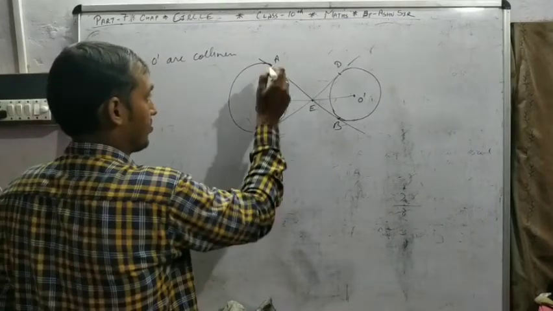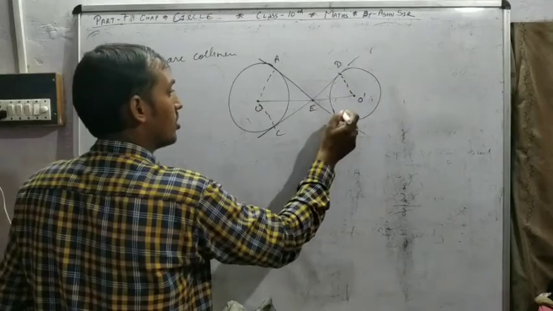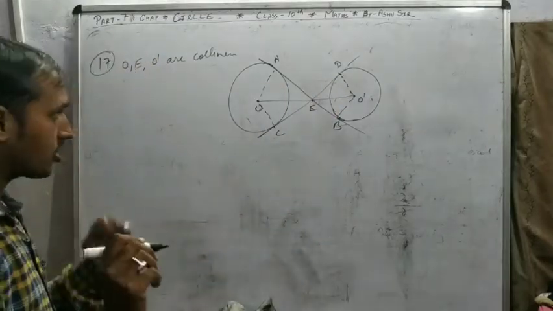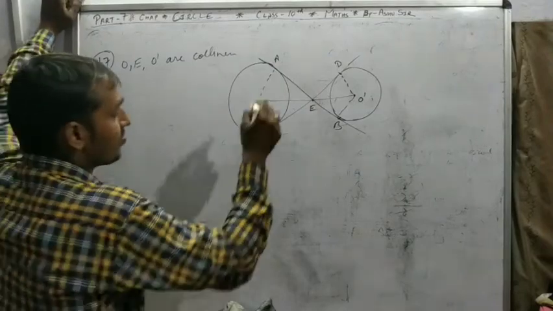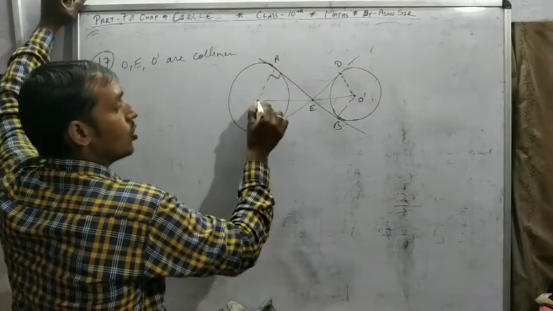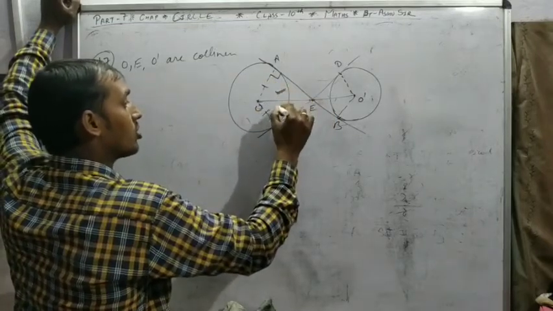Let's see. We join this, this, this and this. We are only explaining this question. This 90, this 90. OE common, this radius. So this triangle is congruent to this.